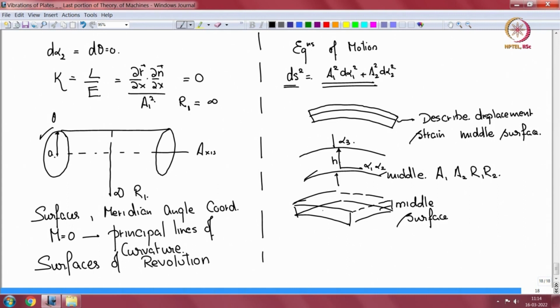So this is the middle surface, and some point over here in the alpha 3 direction. Let's say this is alpha 1, this is alpha 2, this is the alpha 3 direction. So somewhere in the thickness we will describe a point.